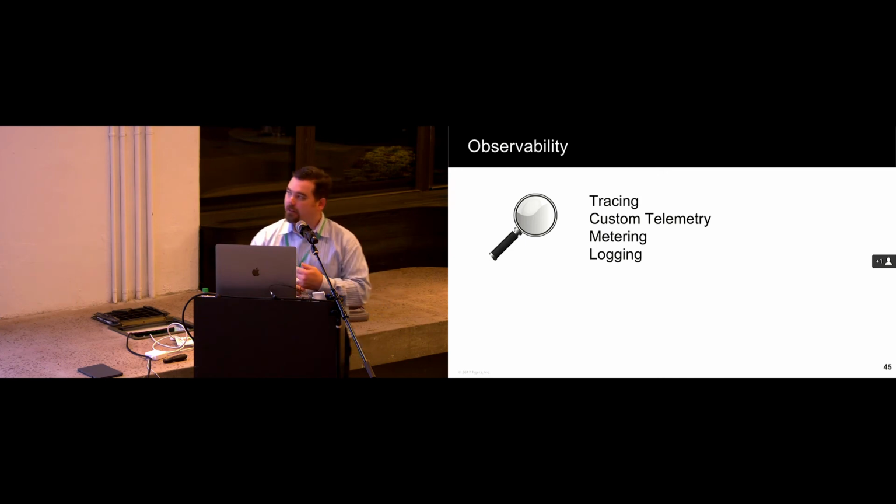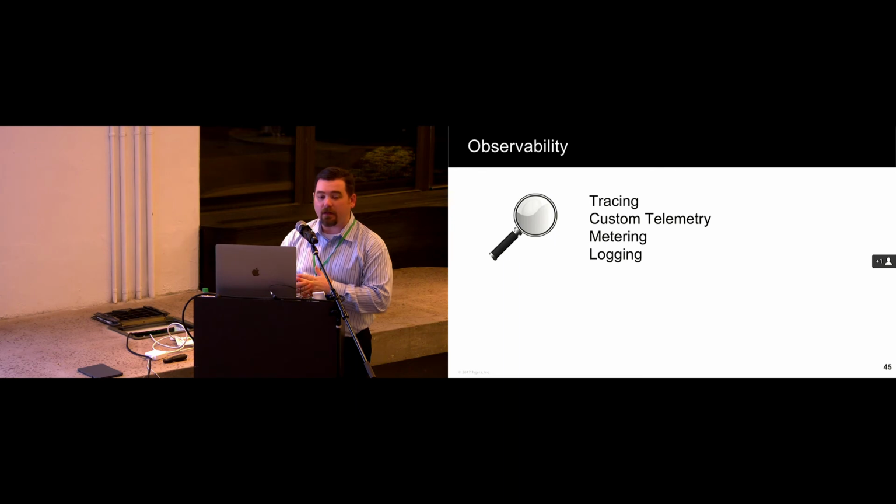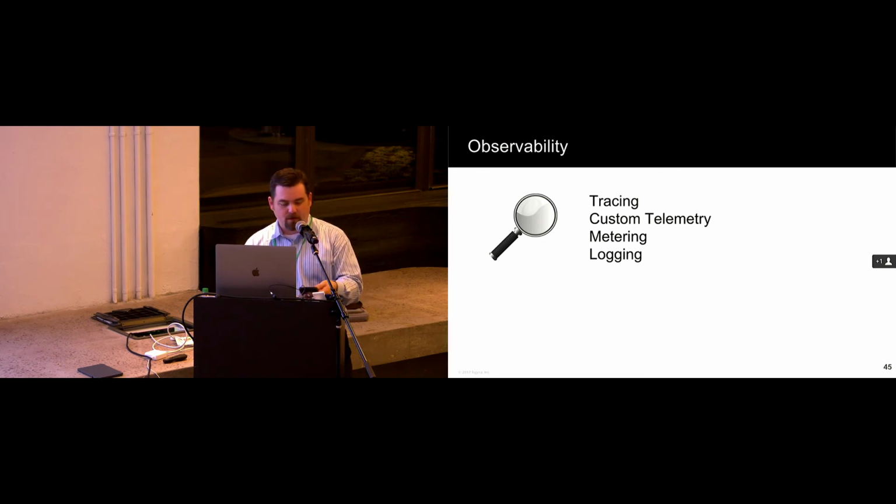From the observability side, Istio provides tracing, custom telemetry, metering, and logging. And by the way, is anybody here operating large container systems without tracing, or tried to debug a system without tracing? It's crazy, right?